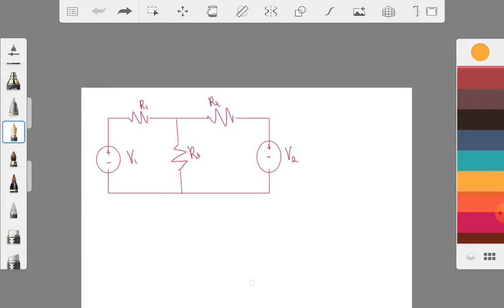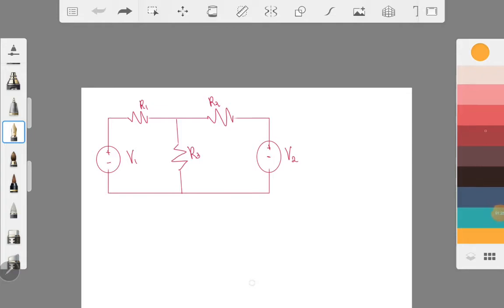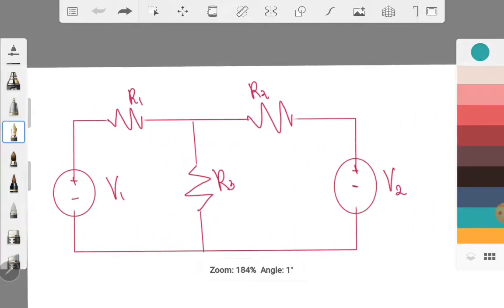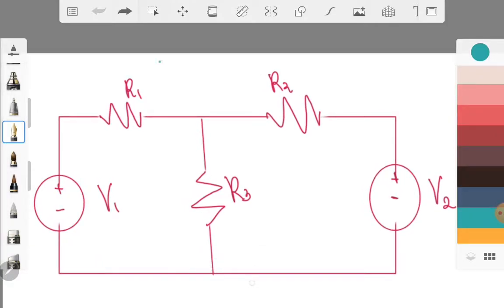Okay? So let's start. The first thing to do, in order to have a great flow of solving, is to establish your currents. I will establish this as my I1 and my I2.